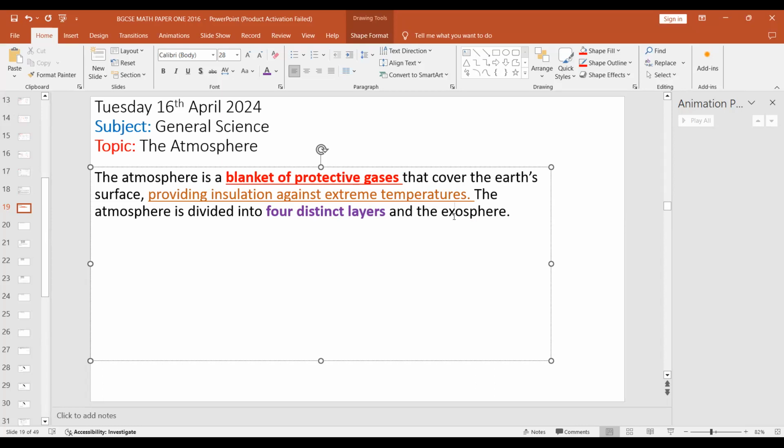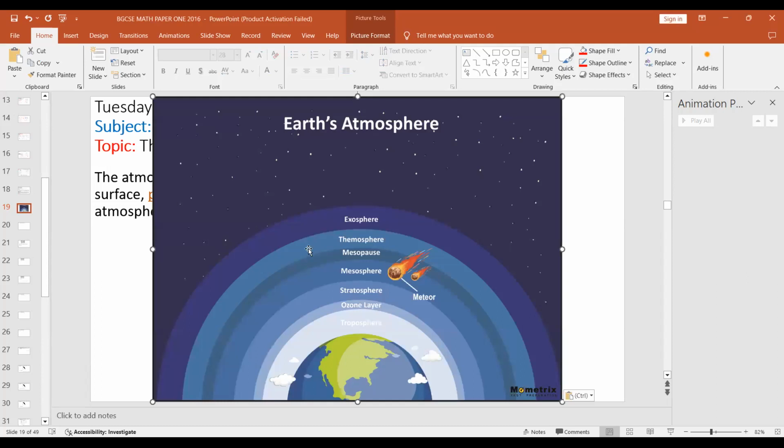So let's describe the layers of the atmosphere, and let me just show you broadly what it looks like, and then we can talk about the different parts of it. So basically, you're looking at something like this. So you have the Earth's atmosphere, right?